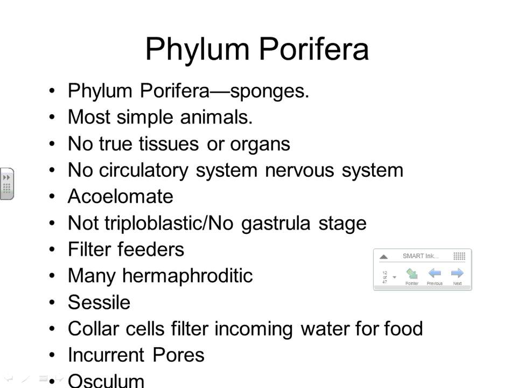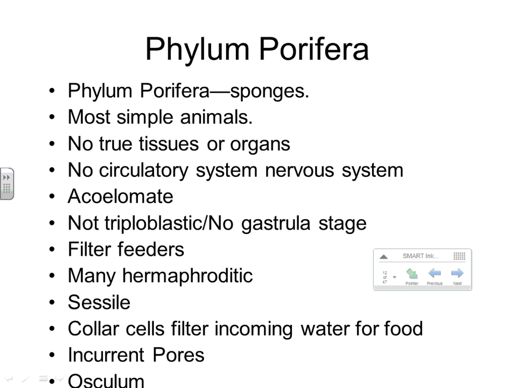A lot of them are hermaphrodites. And that means what? One organism, both sexes. And as adults, they're pretty much all sessile. What does that word mean? Can't move on their own.